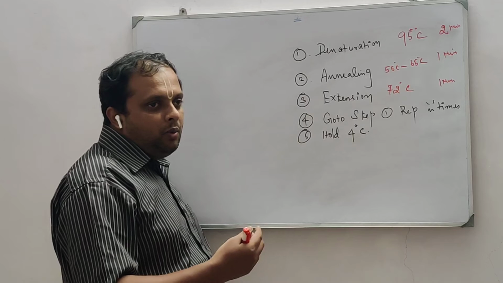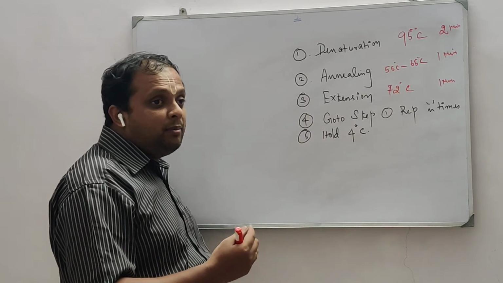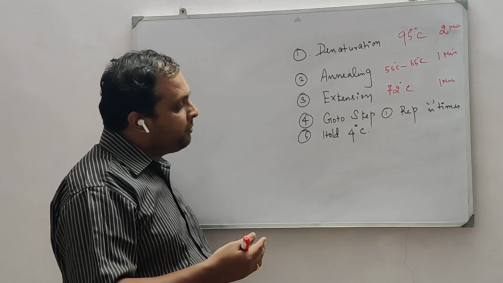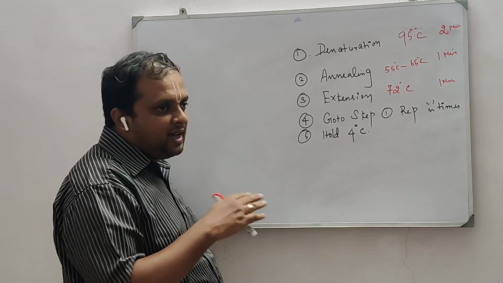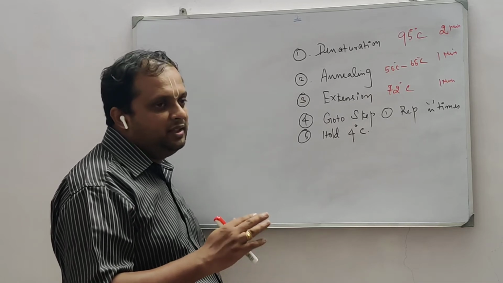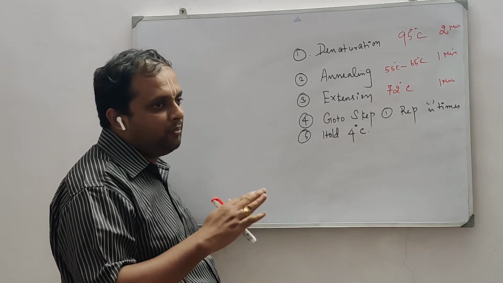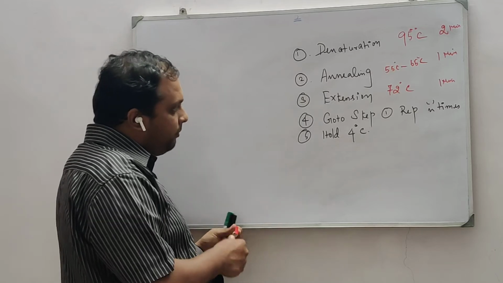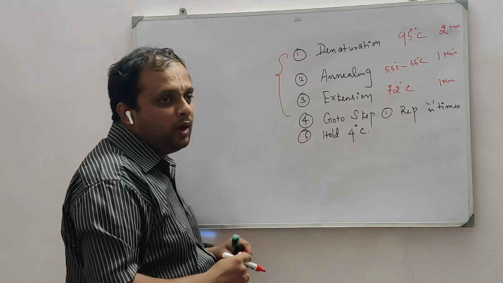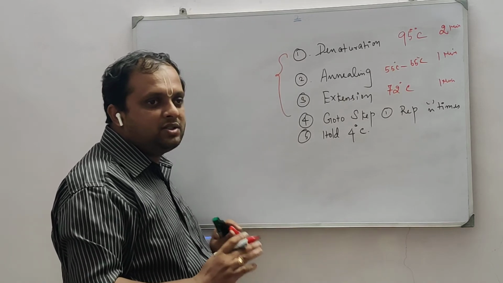It all depends on how many copies of the insulin gene, your gene of interest, you plan to make. Once the required cycles are done, the reaction will be held at 4 degrees Celsius. This is the basic step. What we are more concerned with here is denaturation, annealing, and extension.